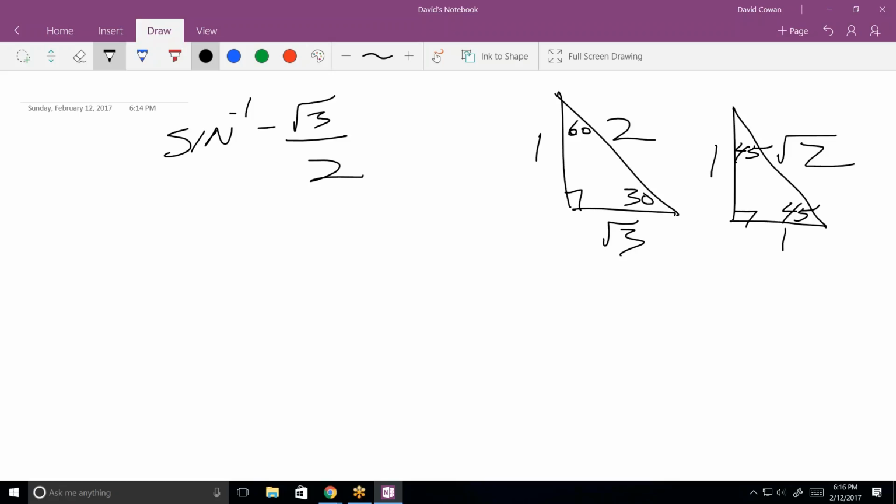Those dimensions are what allow you to calculate all the trig functions in the first quadrant, the ones that are 30, 45, or 60. Well, which angle is the sine equal to square root of 3 over 2?